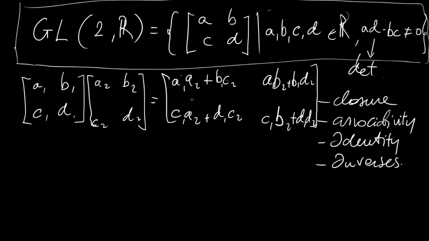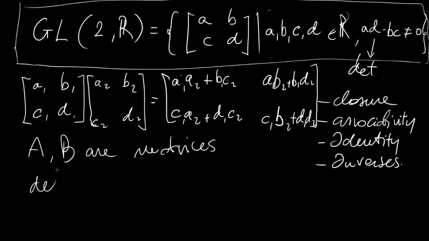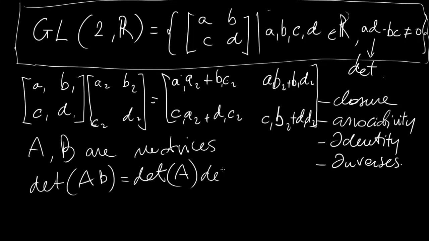Okay, so remember that if we have two matrices A and B, then the determinant of AB is the determinant of A times the determinant of B. Since these are in a group, the determinant is not zero.